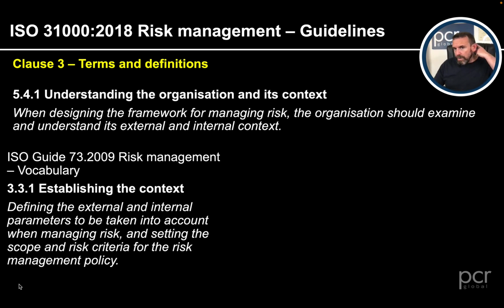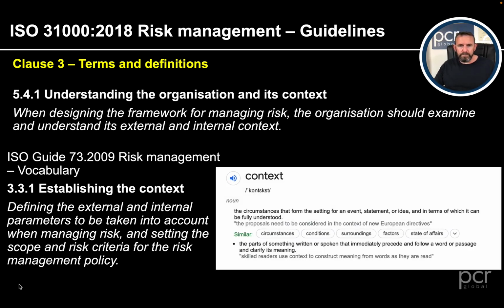We can also look at the definition mentioned within ISO Guide 73:2009, an old document. What it tells us in there is establishing the context: defining the external and internal parameters to be taken into account when managing risk, and setting the scope and risk criteria for the risk management policy. So both standards there are telling us how important it is with regards to the framework, because we are defining those parameters.